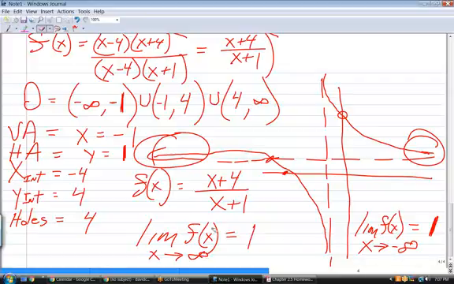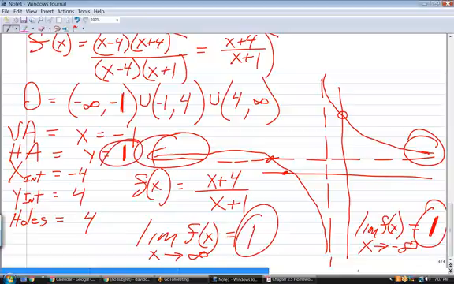If it's a horizontal asymptote, it's as x goes to infinity and negative infinity. And the answer is always going to be the horizontal asymptote. In other words, regardless of the function, regardless of whether I had graphed it or not, if I said, what is the limit of f of x as x goes to infinity, I'm going to answer that, because that's the horizontal asymptote. Okay. All right.